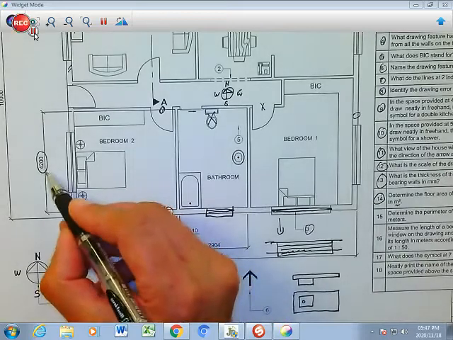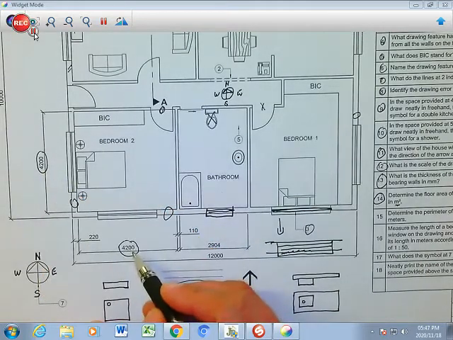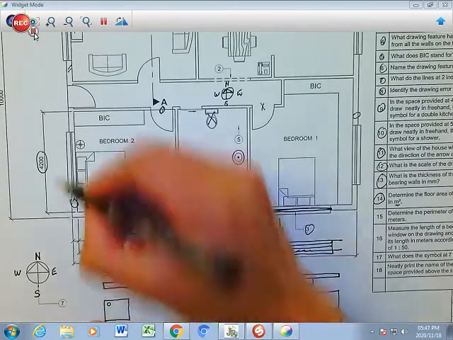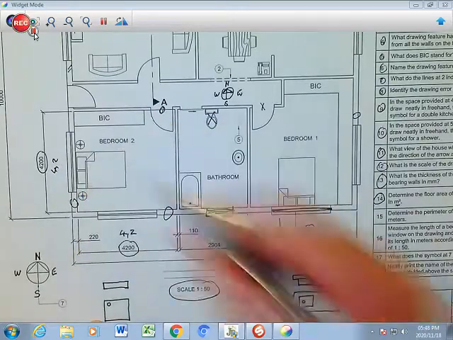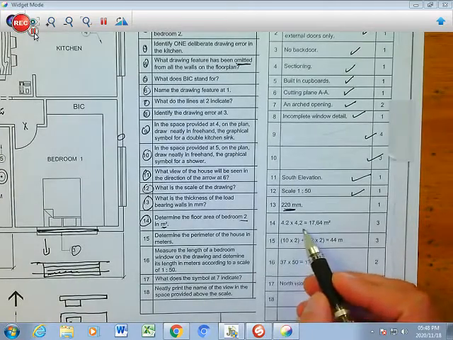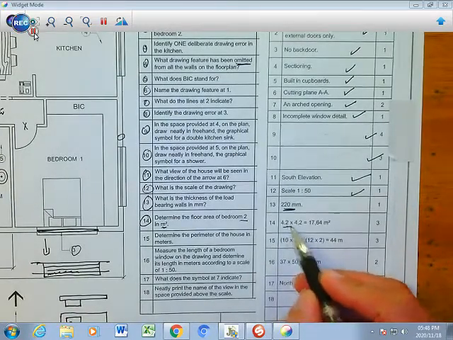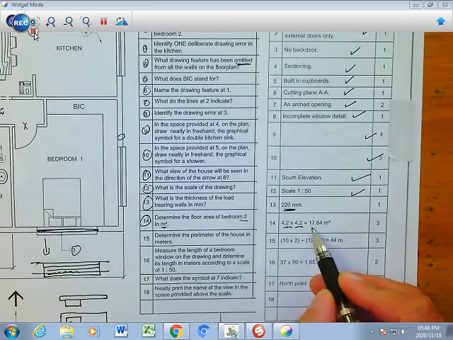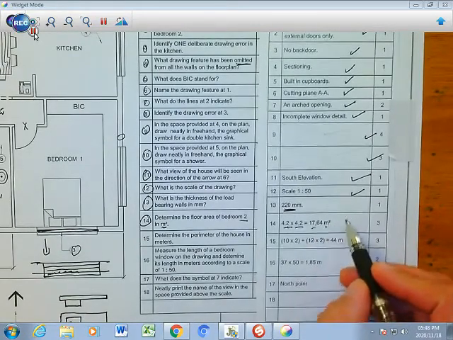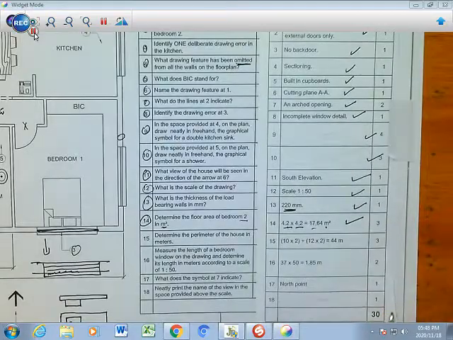But if you are going to take 4 meter 200 and convert that to meters, it's going to be 4,2, and immediately you have converted that. So you take 4,2, which is length times length, or breadth times breadth. So 4,2 times 4,2, and that's going to give you 17.64 meter squared. Very importantly, meter squared.